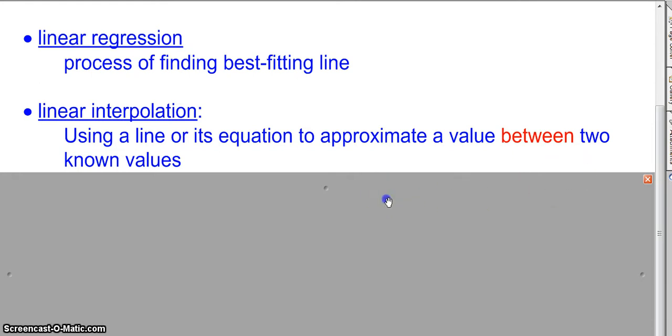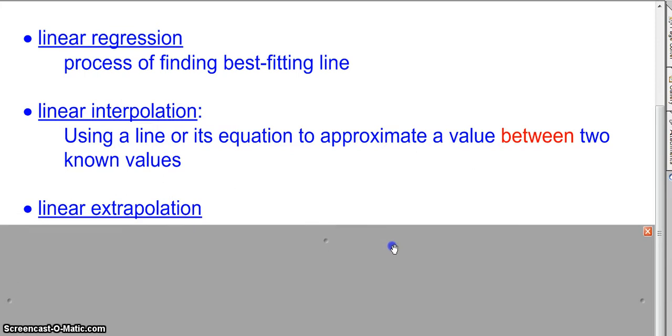Okay? But we know that when we draw a line in our data, the line by definition goes on how long? How long is a line by definition? Never ending, Lauren says. So it is infinite. So if we put arrows on the ends of our lines, right, we can go beyond the set of data.